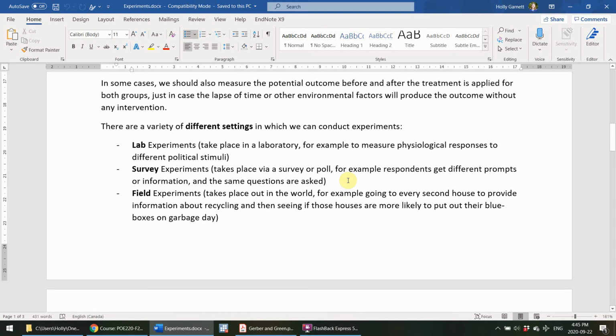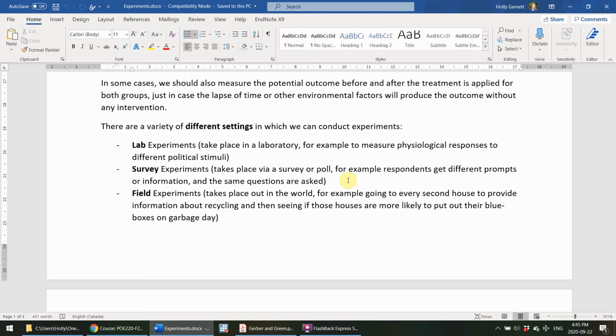A survey experiment is very common these days. You can do essentially a survey or a poll, and essentially two groups of respondents. One group of respondents gets one particular prompt or information, the other one gets nothing, or they get some sort of placebo or some sort of thing that is not really related to the research.